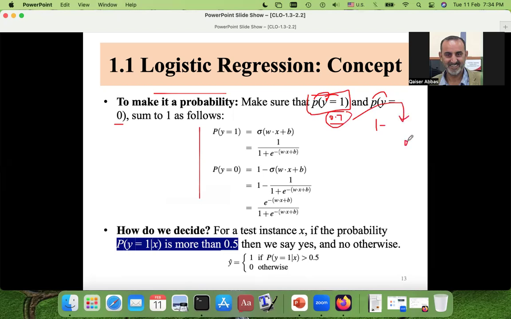Then when you sum this value and that value, if it is 1, then it is sure that this is a probability value.